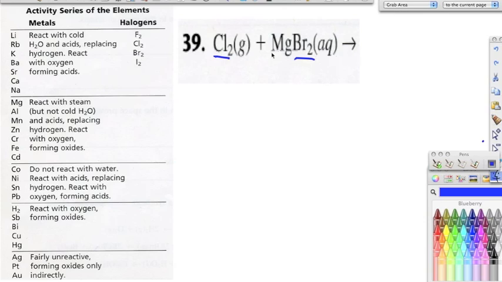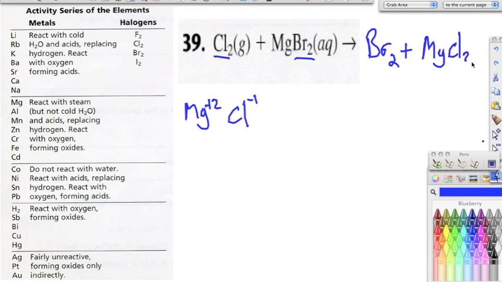So now magnesium is going to be bonded to chlorine, and bromine is going to be by itself. So I write bromine as Br2, because it's diatomic. And then we have magnesium bonded to chlorine. Magnesium is Mg, which is +2, and chlorine is Cl, which is -1. Crisscross these and we get MgCl2.